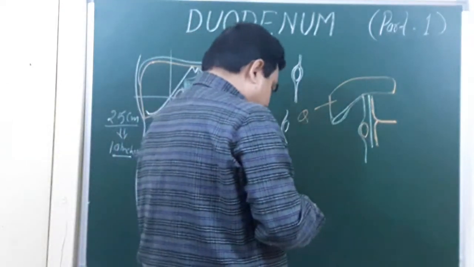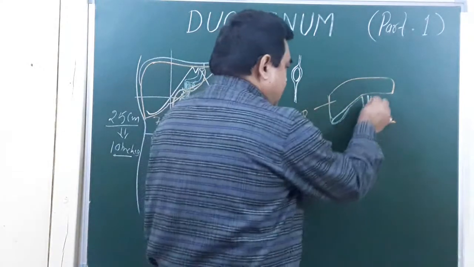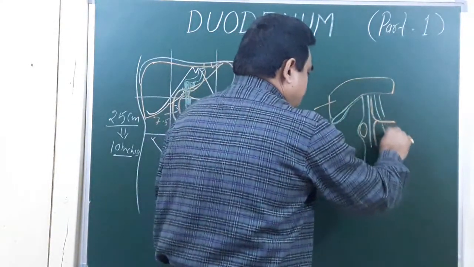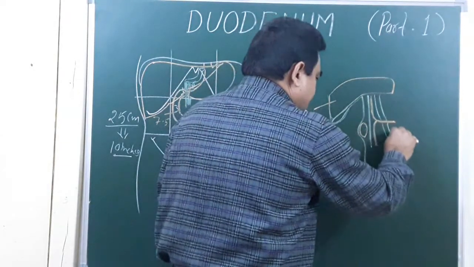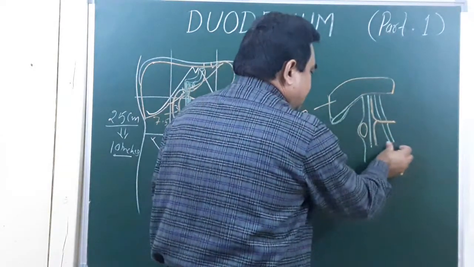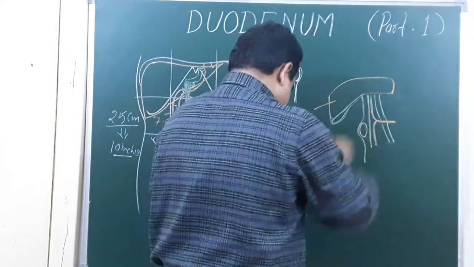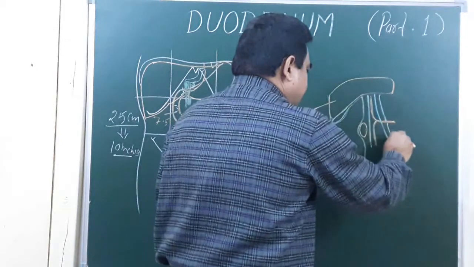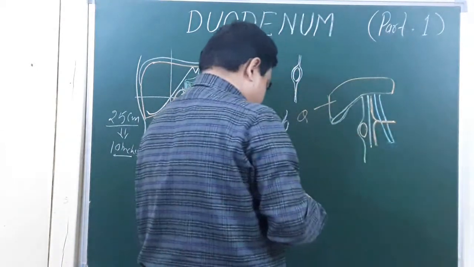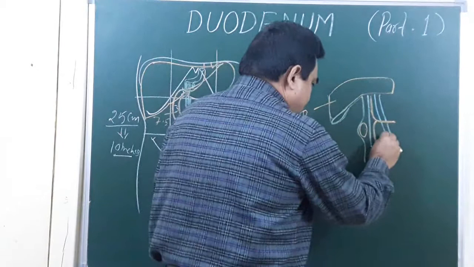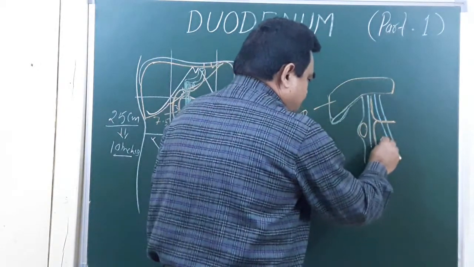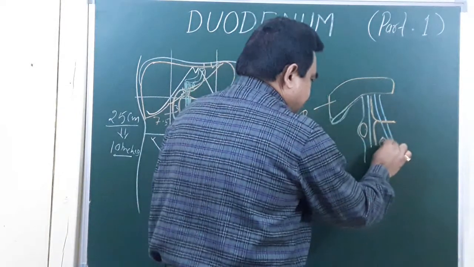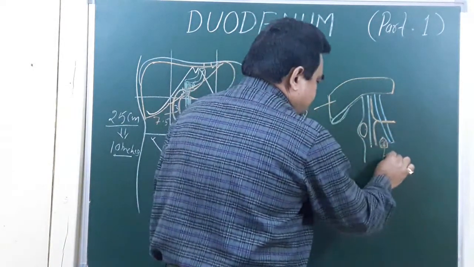And another thing, this is the bile duct. Sorry, this is the portal vein. Here is the position of the head of the pancreas.